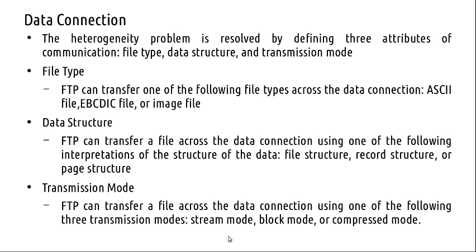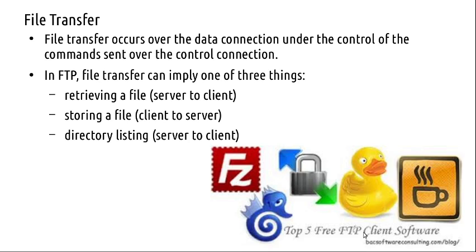Then it could be transmitted in stream mode. The default is stream mode, just like a TCP stream. Or it could be in a burst, a block, or it could be compressed. Any of these modes can be used for transmission. Basically the transfer occurs over the data connection under the control of commands sent over the control connection.